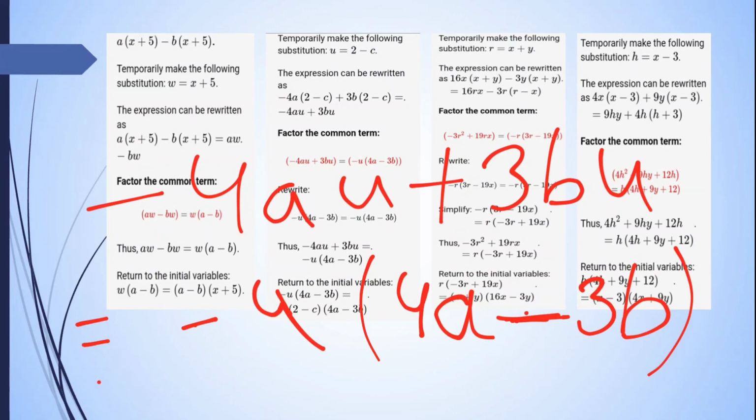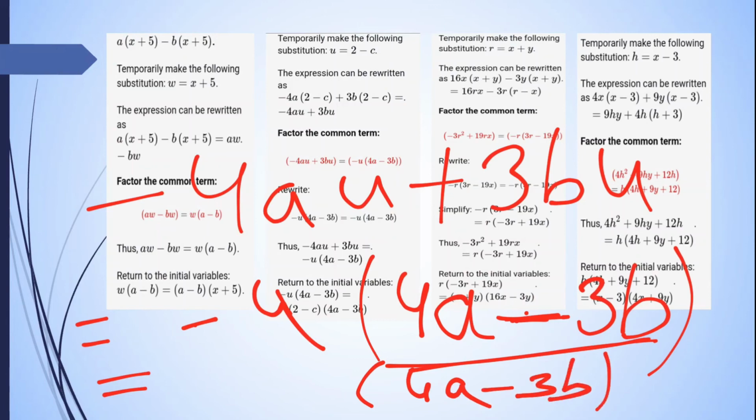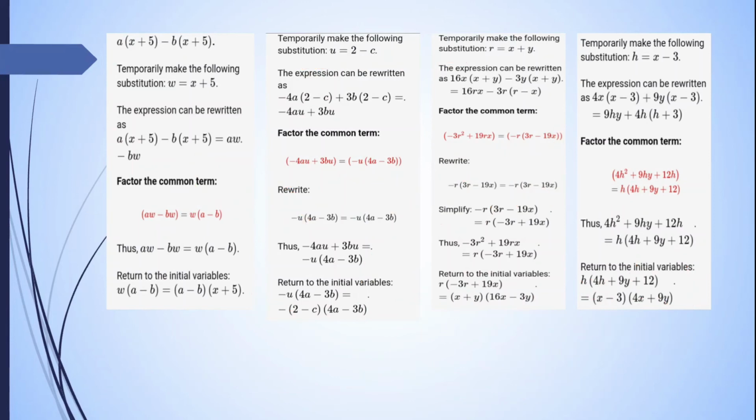So here we have written the minus sign. Now you can see 4a minus 3b is our first term. Now we have considered u equals to 2 minus c. So 2 minus c and 4a minus 3b with the minus sign here will be the answer.